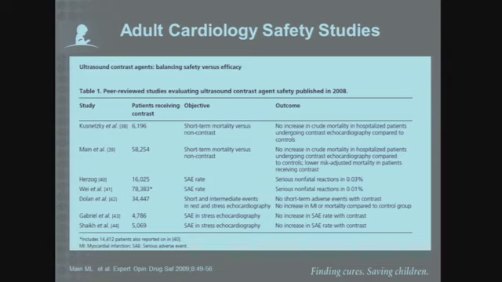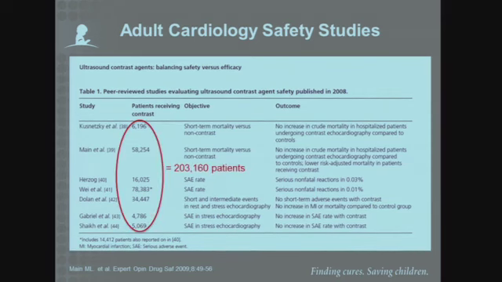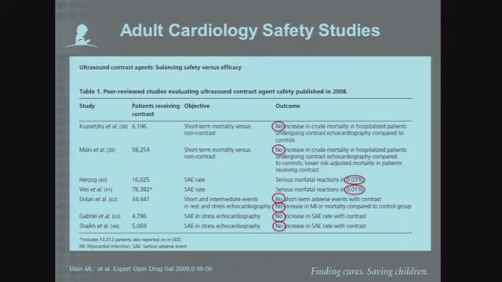This is taken from a nice review article by Michael Main that summarizes the largest of these retrospective studies. This included over 200,000 patients, and in most instances, there was no increase in morbidity or mortality associated with the use of these contrast agents.